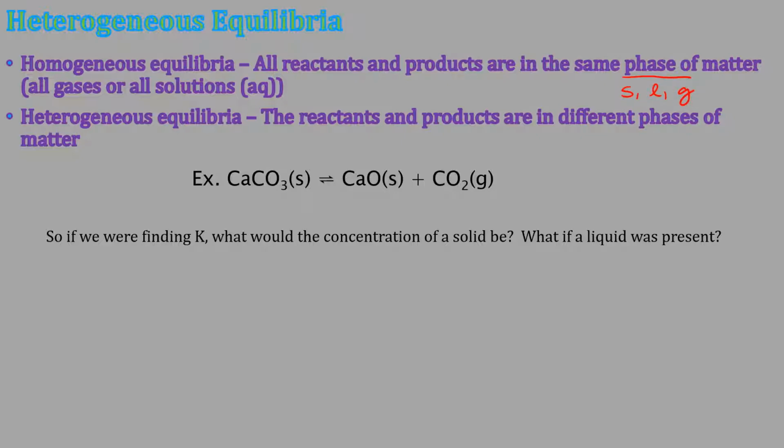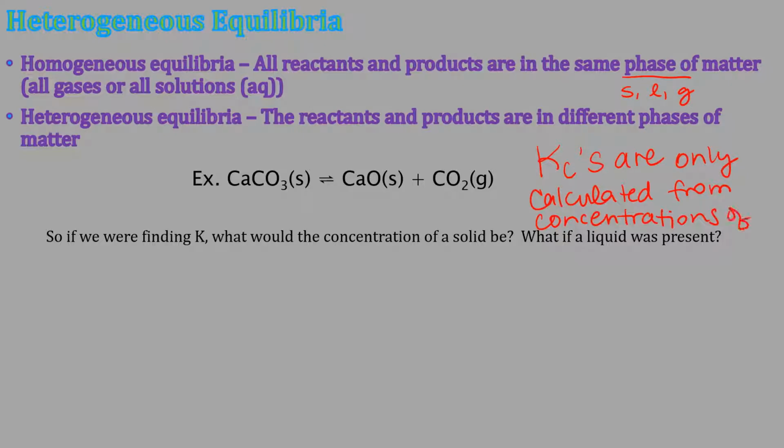If you remember in the first video, when we first learned to write the equilibrium expressions, they are always made from only gases and aqueous substances. So Kc's are only calculated from concentrations of gases and aqueous, not liquids and solids.